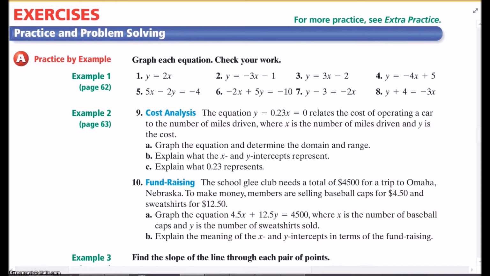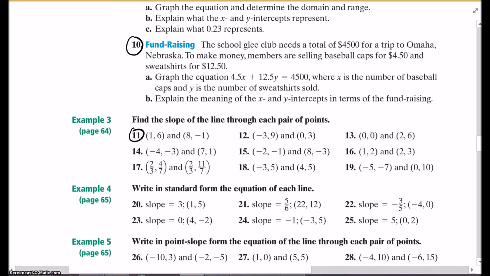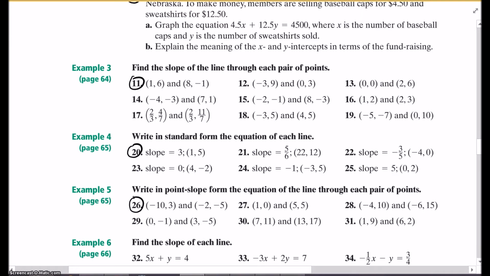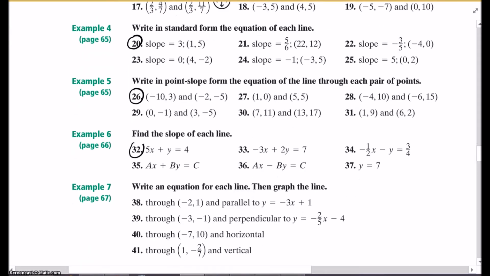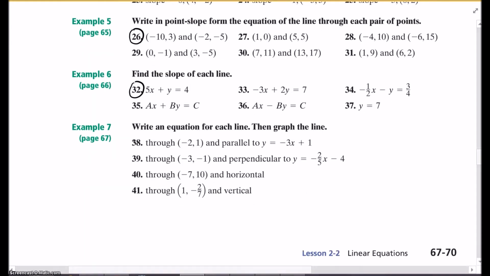Okay, we're going to do number 1, 5, 10, and 11. So I'll go ahead and circle those. 1, 5, 10, 11, 20, 26, 32, 38, 39, 40.